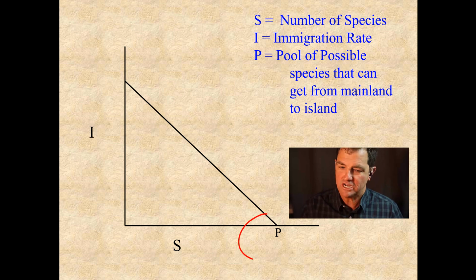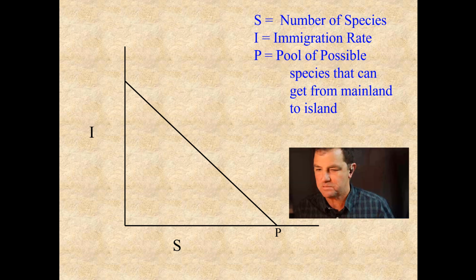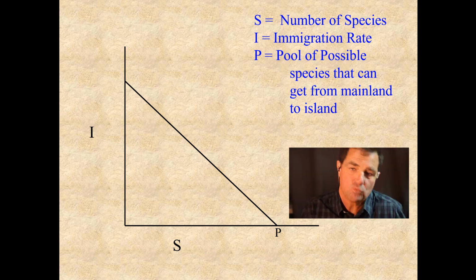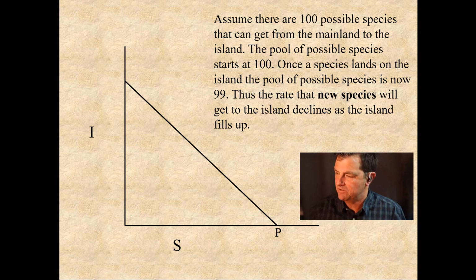So the immigration rate becomes zero at P, which represents the pool of possible species that could get from the mainland onto your island, meaning that the island becomes saturated or filled with the possible species once they've reached the island.